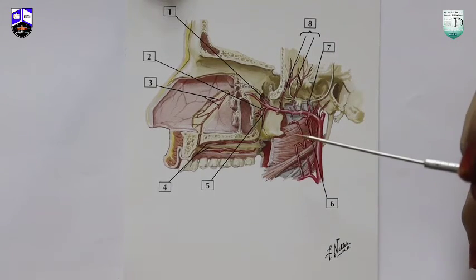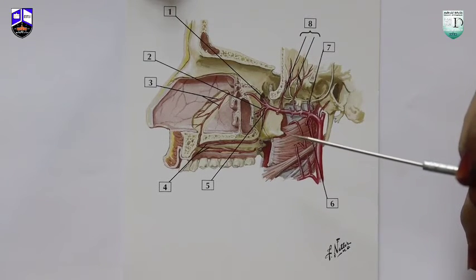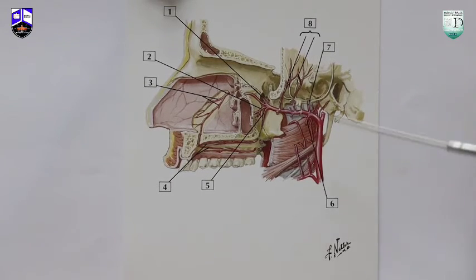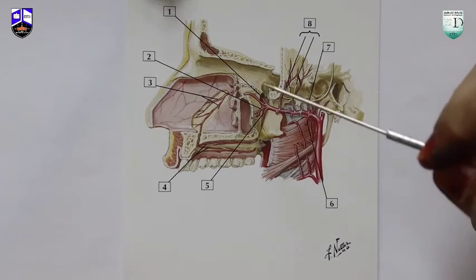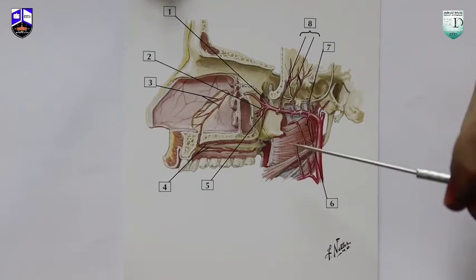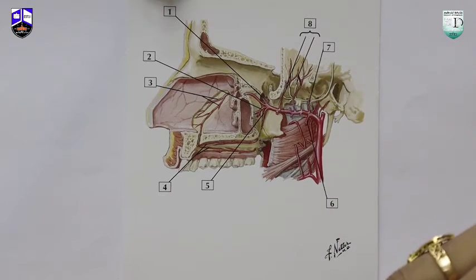The infraorbital artery then exits the orbital cavity through the infraorbital foramen to reach the face, where it supplies the lower eyelid, the side of the nose, and the upper lip. So these are all of the branches of the maxillary artery: 5 from the first, 5 from the second, and 5 from the third, and it continues as the infraorbital artery that supplies the face.